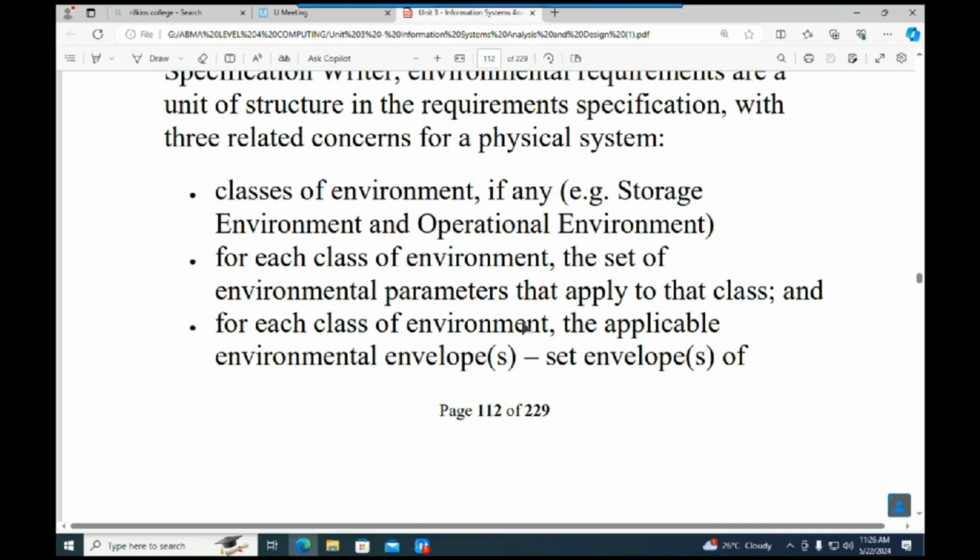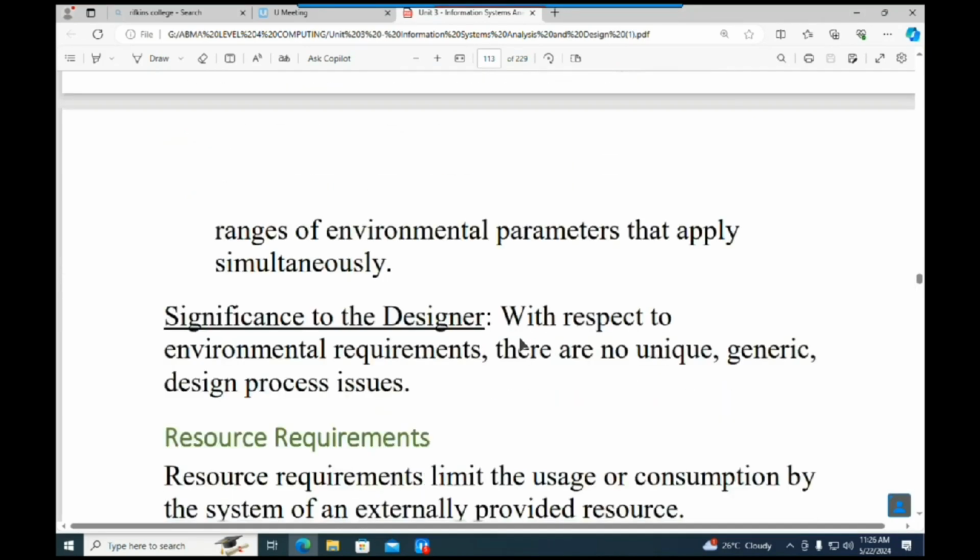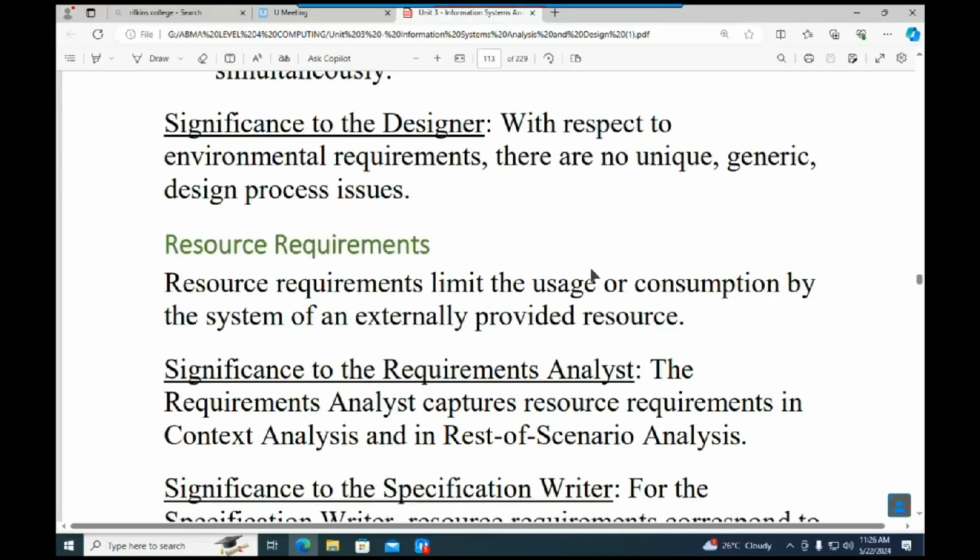And the last concern is that for each class of environment, you have the applicable environmental envelope, or a set of envelopes, ranging over environmental parameters that apply simultaneously.